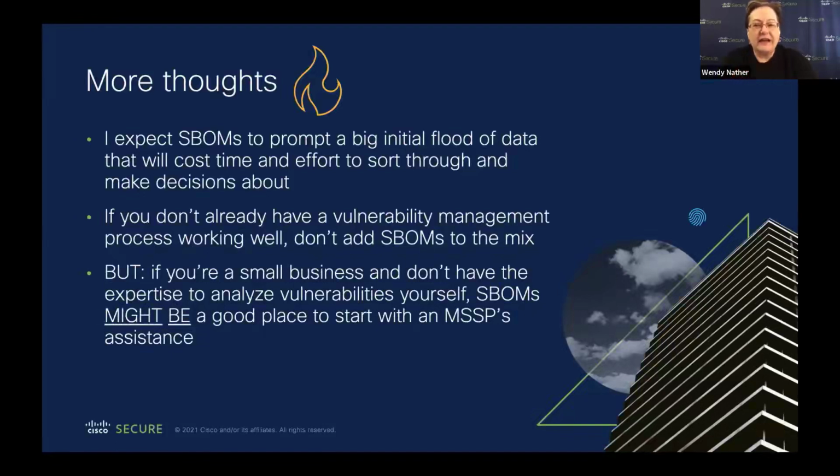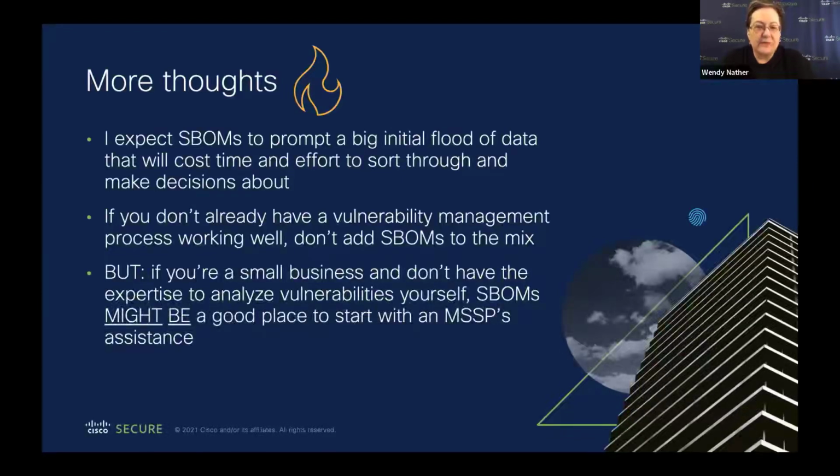You're going to have to annotate the disposition and the analysis of those SBOMs, and you're going to have to answer questions based on them, especially if you're in the middle of a supply chain. So it's going to prompt a big initial flood of data. Think carefully about this. I really want to hear what the public sector is thinking about this in light of the executive order.